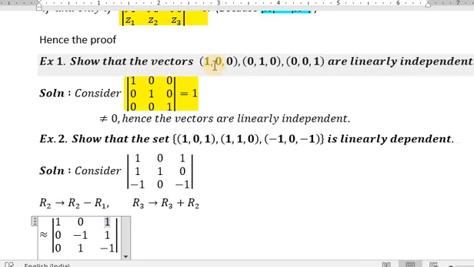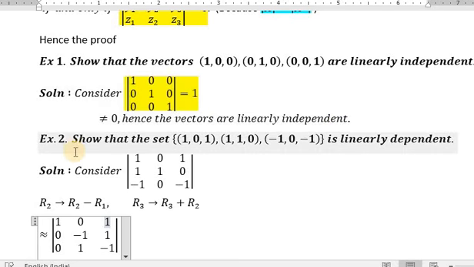Let us take the determinant of these vectors: the first vector 1, 0, 0 as the first row, then 0, 1, 0 as the second row, and 0, 0, 1 as the third row. When you find the determinant, it is 1 into 1 minus 0, and all the remaining terms are 0. So the determinant of the given vectors is not equal to 0. Hence, the given vectors are linearly independent.